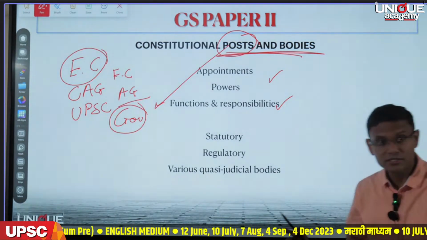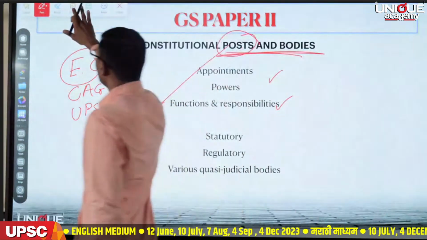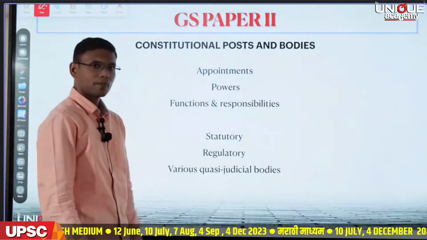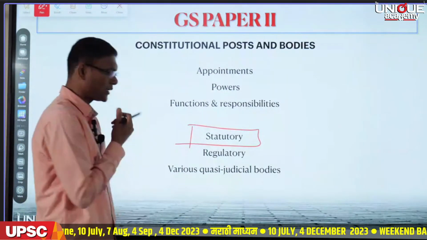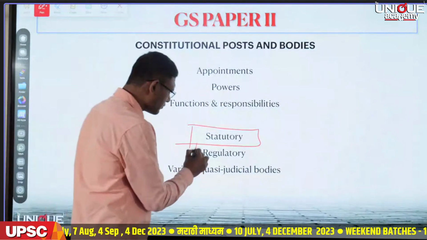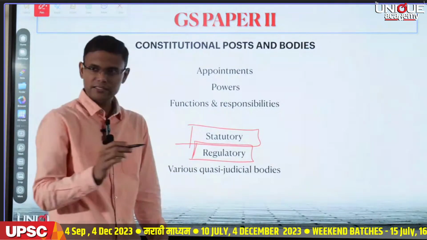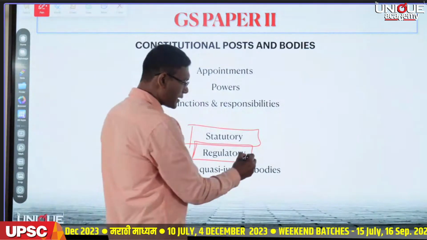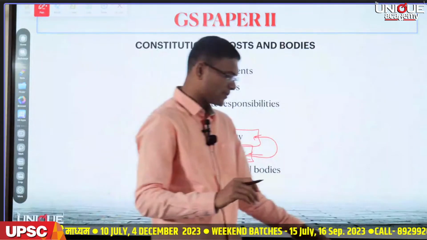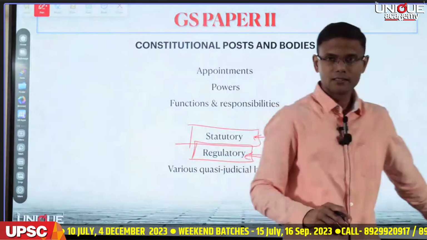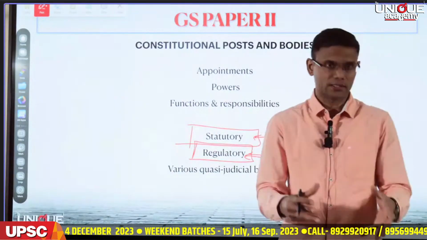Apart from these constitutional bodies, your syllabus also adds points which mention statutory and regulatory bodies. Regulatory bodies are essentially going to be statutory. There has to be a law for an agency to use powers.